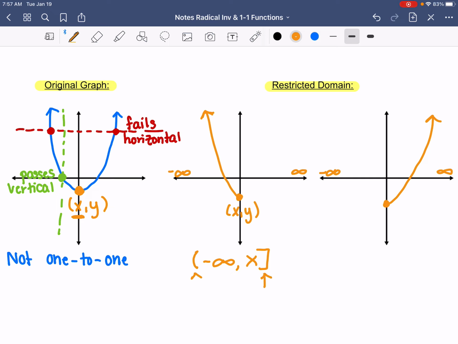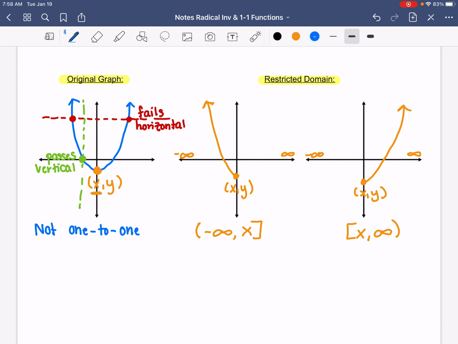This would be a greater than or less than. So you can never actually be equal to infinity, but you could be equal to the x. And on this side, it would just be the x going towards positive infinity because it's on the right-hand side of the graph. We're going to look at another example of this, so hopefully I can explain it a little bit better.